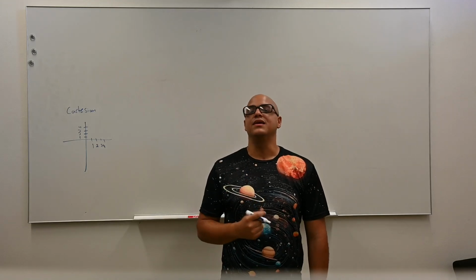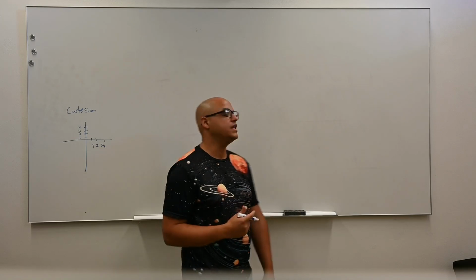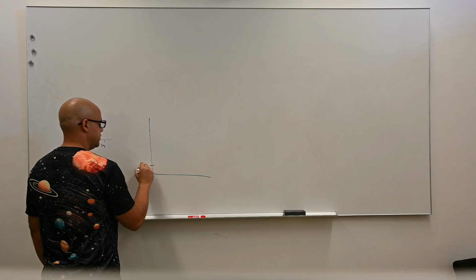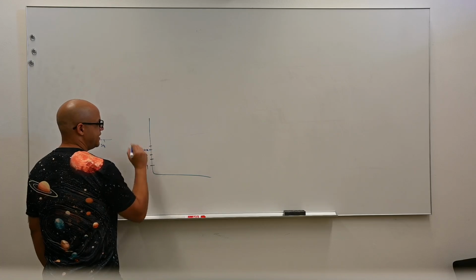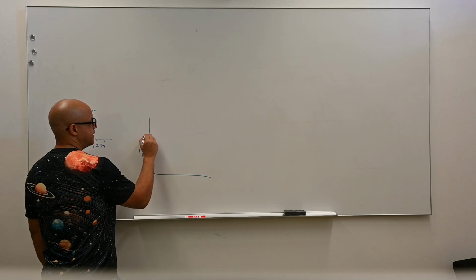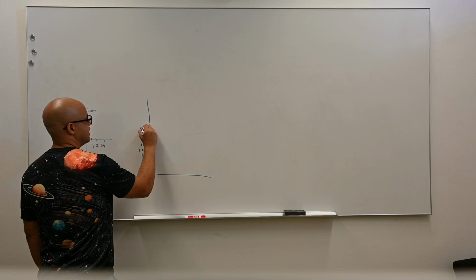On a log scale, each step is a power of 10, not just one unit. So this could be 1, 10, 100, 1000, and then I'm just going to use scientific notation: 10 to the 4, 10 to the 5, 10 to the 6, 10 to the 7.